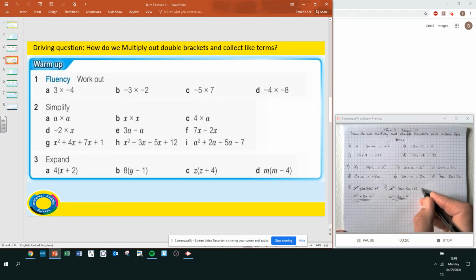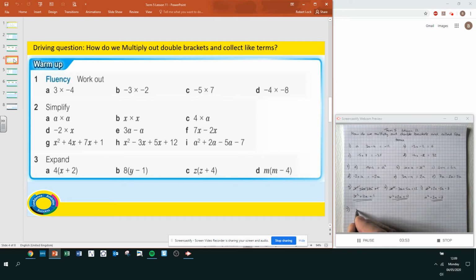I. A squared plus 2a minus 5a minus 7. A squared is on its own. Plus 2 take away 5 is minus 3a, minus 7.